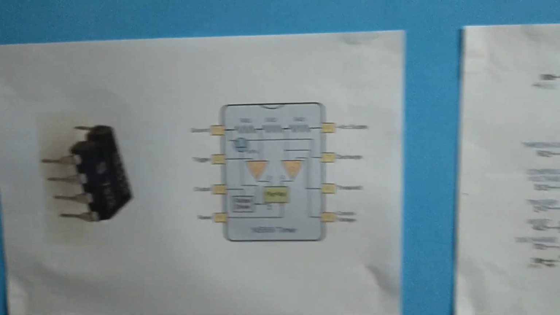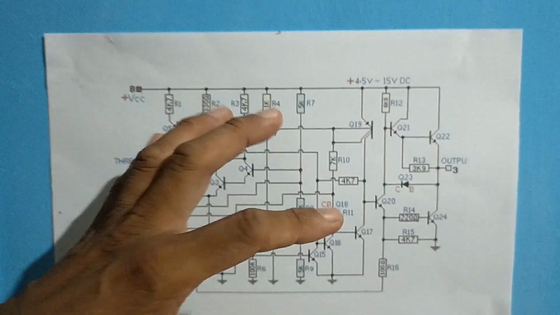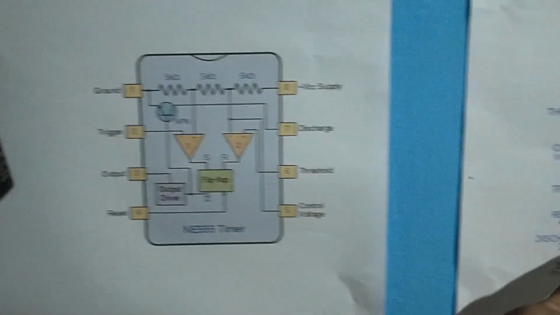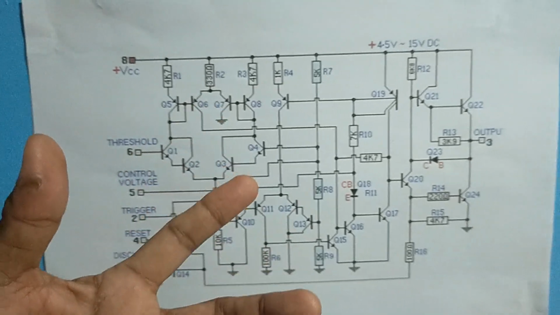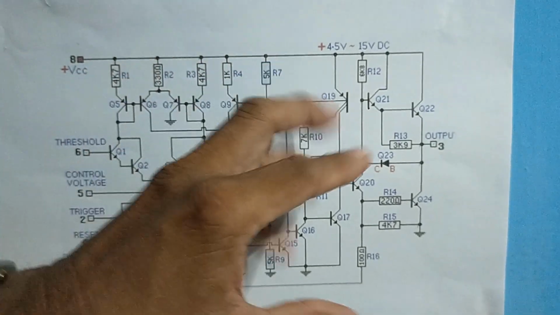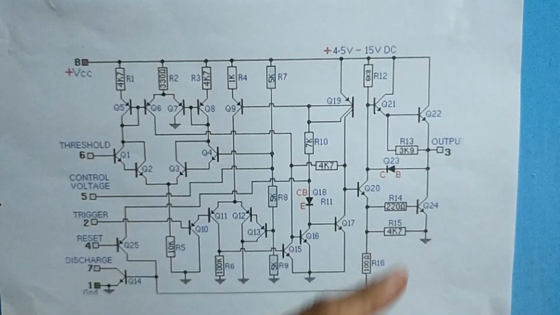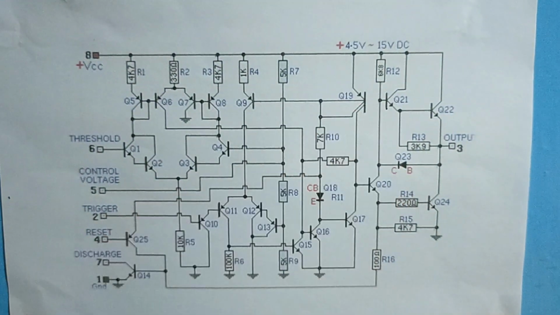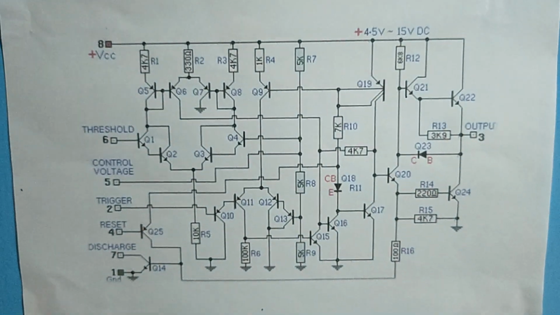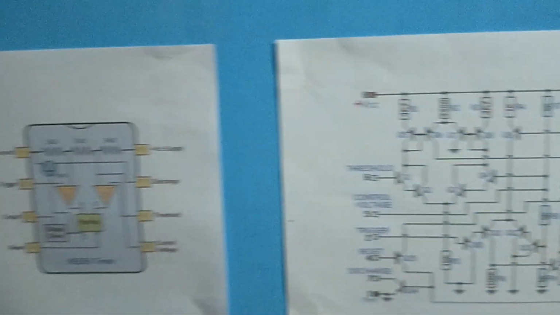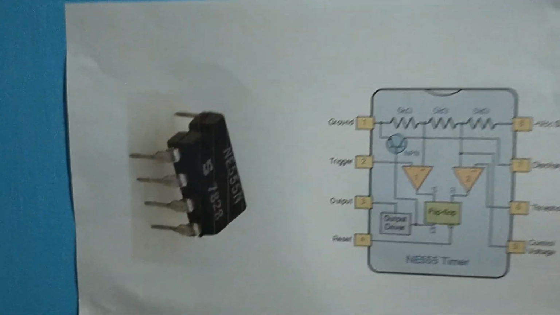Then you have here the complete schematic diagram, the internal circuit of this 555 timer IC. Actually, it is an integration of 25 transistors, 15 resistors and 2 diodes. And we have here the external terminals, the 8 pins or terminals of this actual IC.